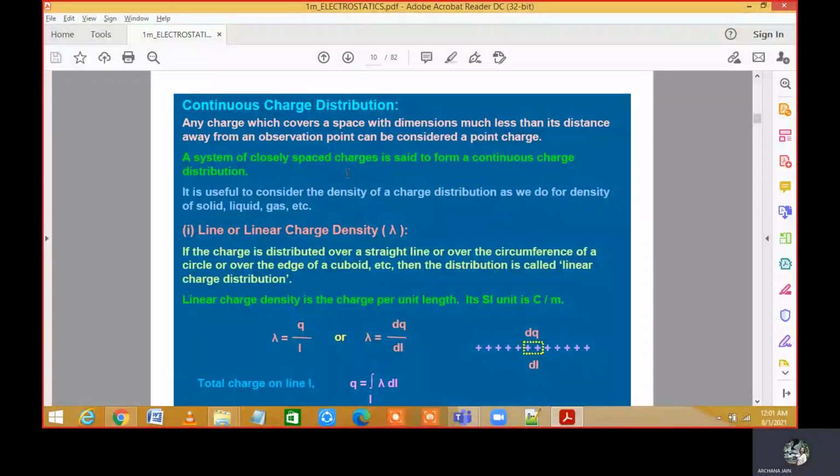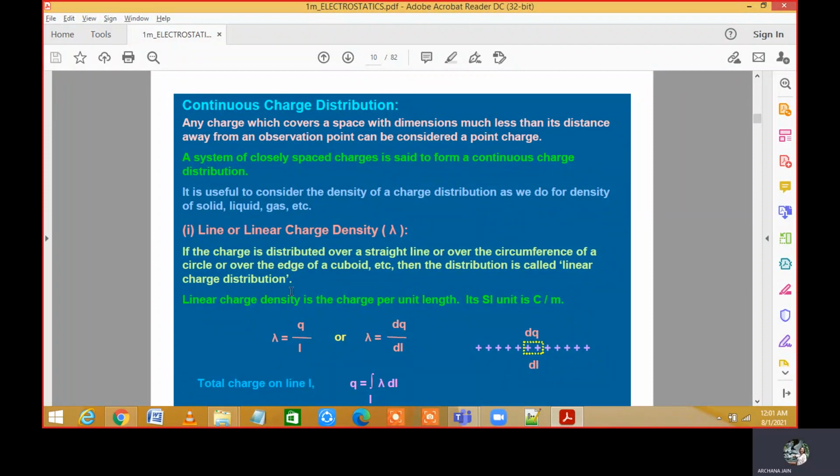A system of closely spaced charges is said to form a continuous charge distribution. There are three types of charge. First is line charge, second is area charge, and third is volume charge. Area charge we take as surface charge also.